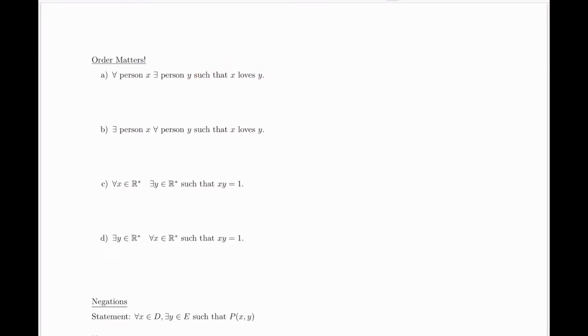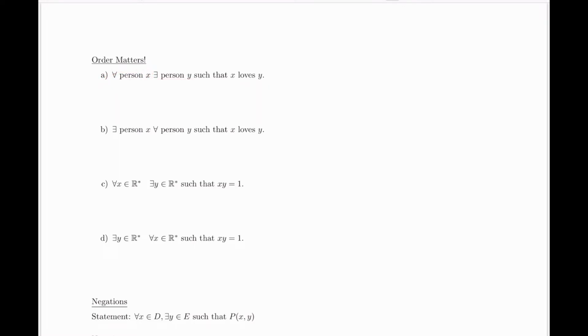So remember the game, if it starts with a universal quantifier, you get to pick a person X, and afterwards I get to pick a person Y so that your person loves the person that I chose, right? There might be different Ys that work for different X's, but no matter what person you choose first, I will be able to find someone who loves them.